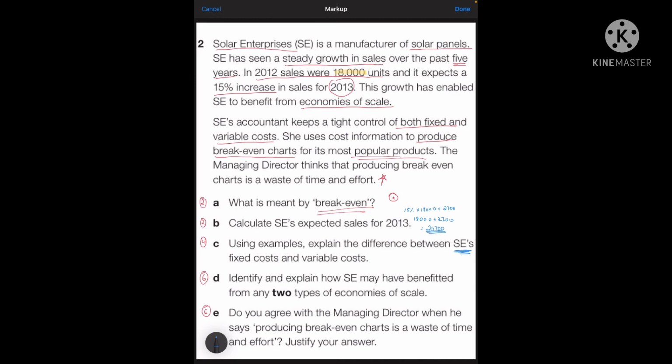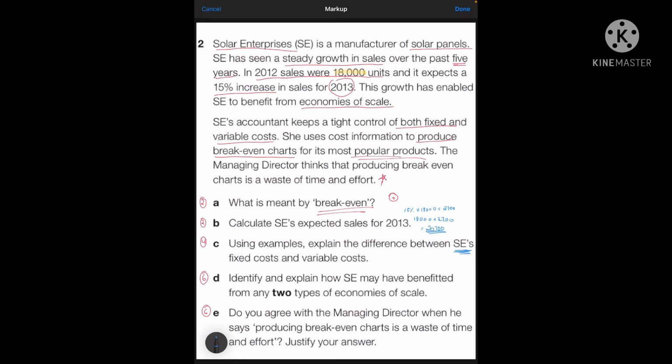Then give an example saying that the raw materials needed to produce the solar panels, that is an example of variable cost. So the purchasing of raw materials is one of the variable costs. Or you could also say the wages given to the labor who are putting their hard work into the production of solar panels. So that's for question C.